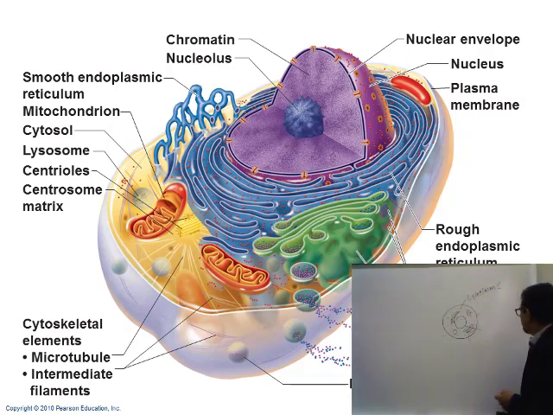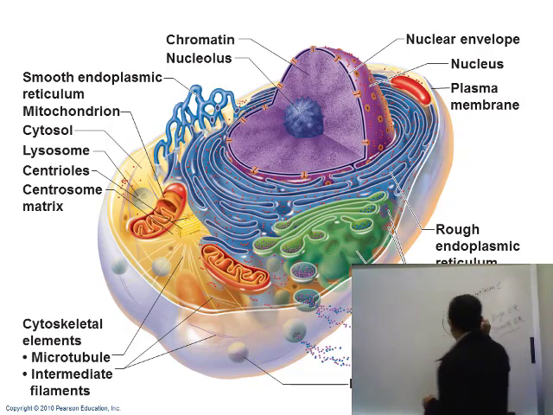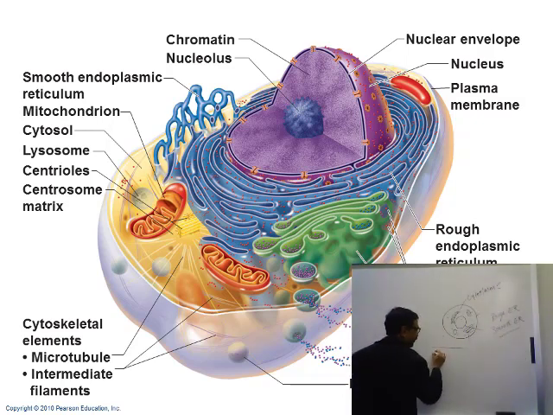Now, endoplasmic reticulum is two types: rough ER, endoplasmic reticulum, and smooth ER. One part is called rough because if you see the surface of rough ER, you'll see many ribosomes, like tiny dots, attached on the surface.